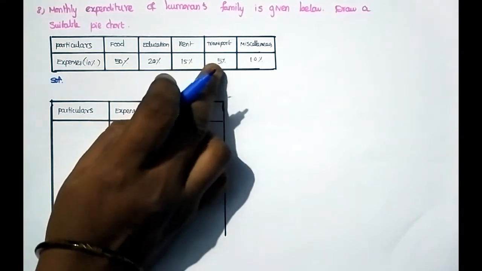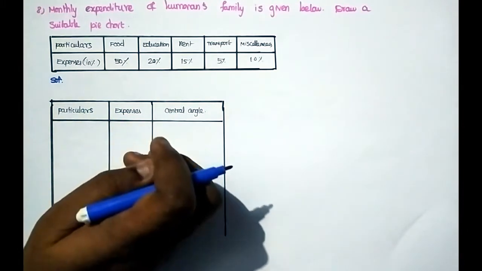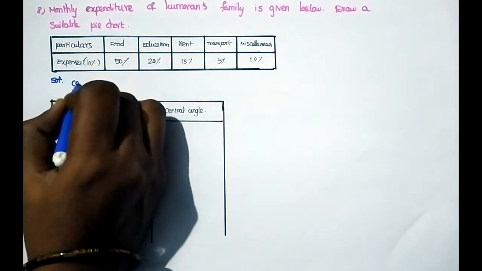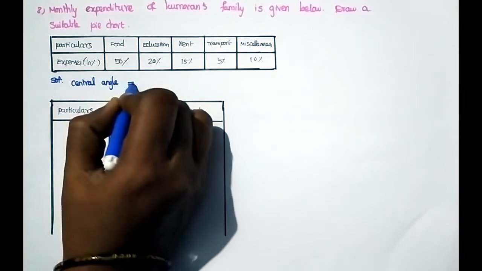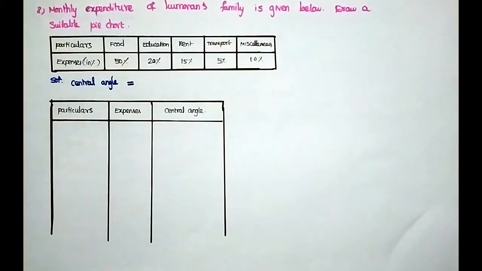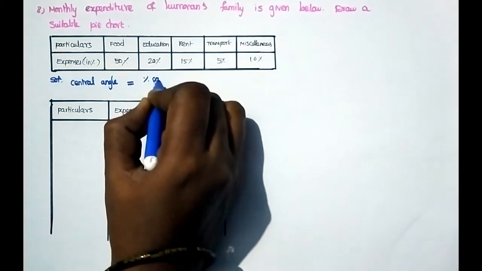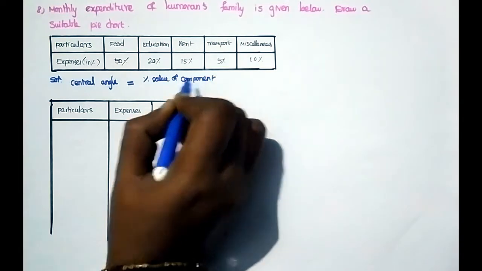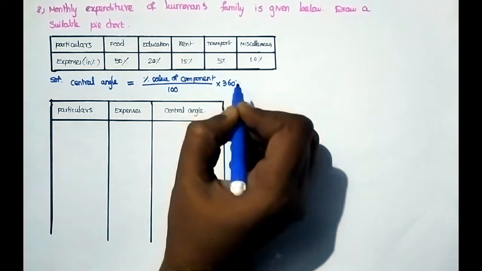Total number of percentage means 100%, and then what is the formula for find out the central angle? They given in percentage, no? So central angle equal to percentage value of component divided by 100 into 360.